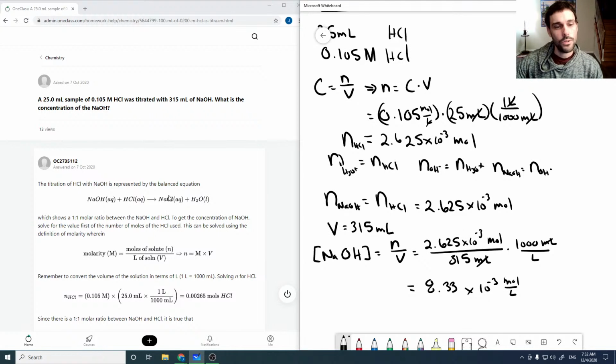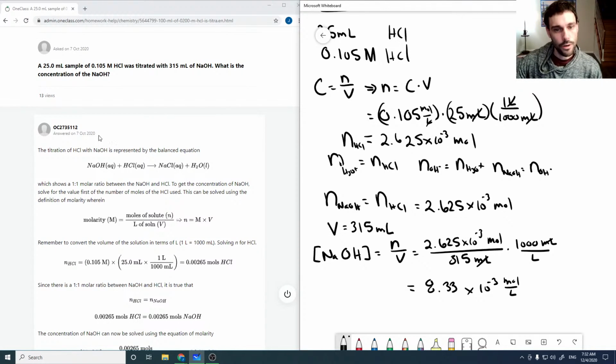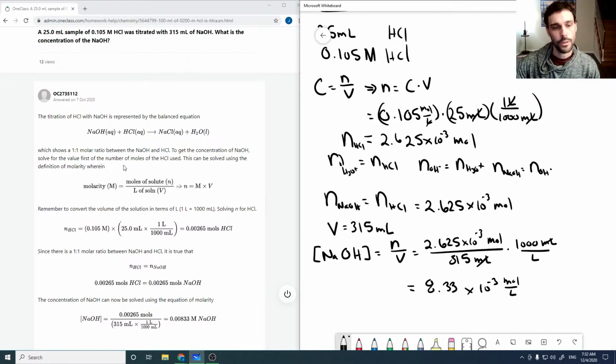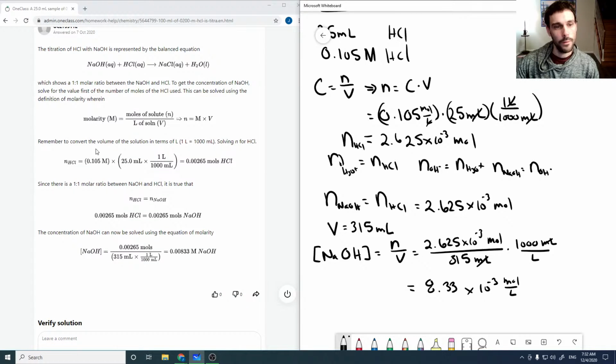Okay, checking with the solution here. So they combined everything together, that's fine. It shows that your NaOH and HCl are in a 1-to-1 ratio, so that's good. Your moles of HCl can be computed from your concentrations as this, 2.625. I don't know if that was my calculator or theirs.